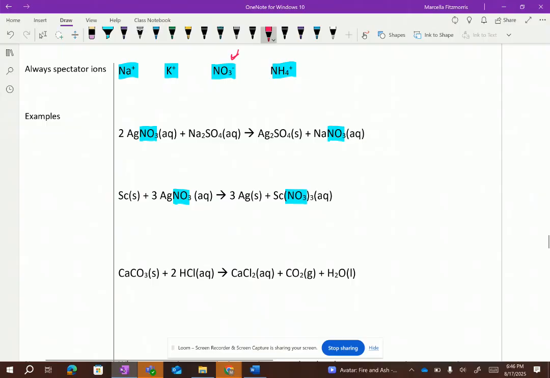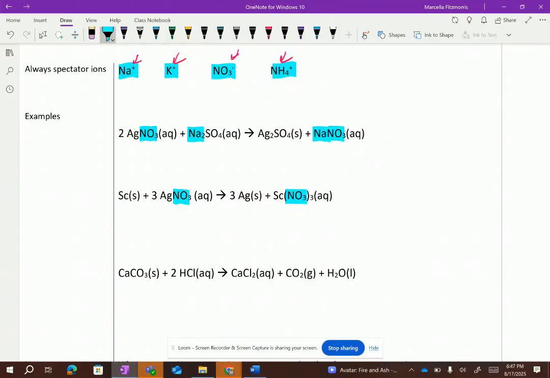Okay. NH4, I don't see any NH4 in those equations. K+, I don't see any K+. Na+, I see Na here, and that's all. So right there, I know they're spectators even before I draw an equation for this.